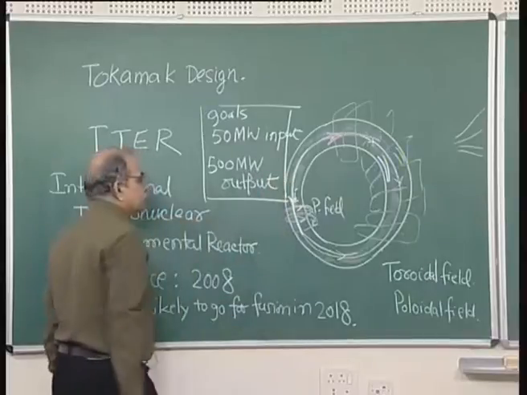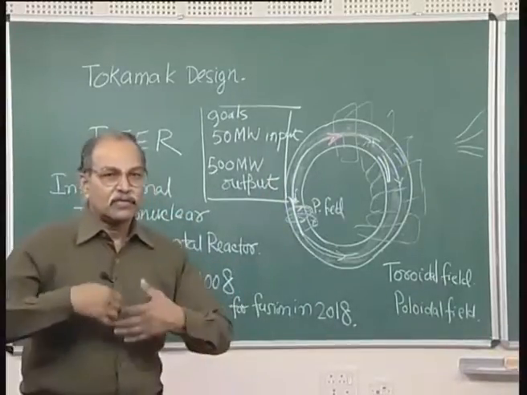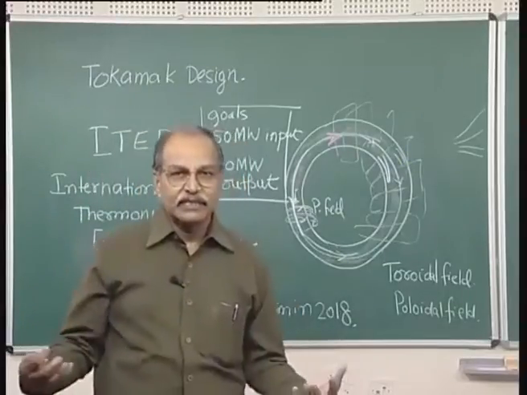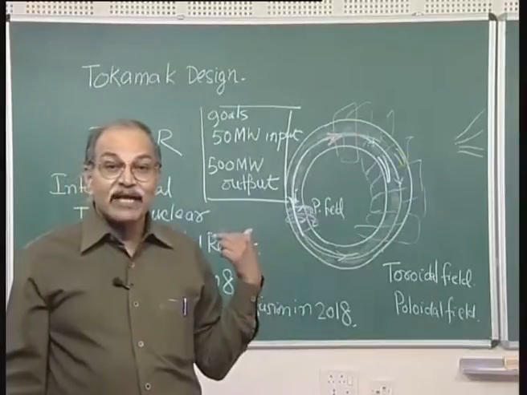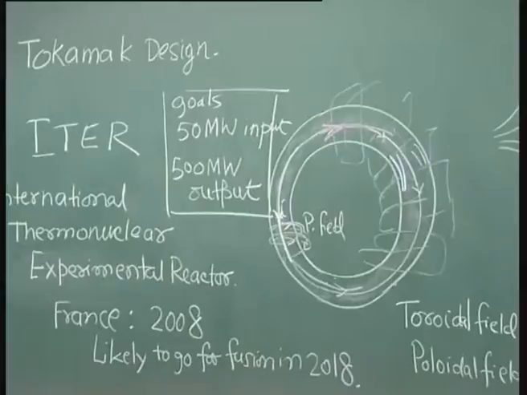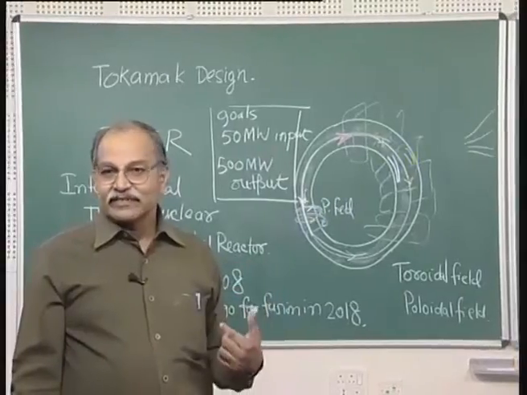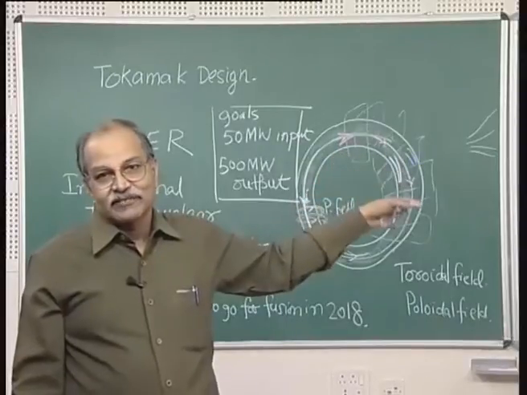That is the kind of design that has been created through all simulations, calculations and equations. It is still an experimental reactor, the International Thermonuclear Experimental Reactor, still not a commercial unit to produce electricity.